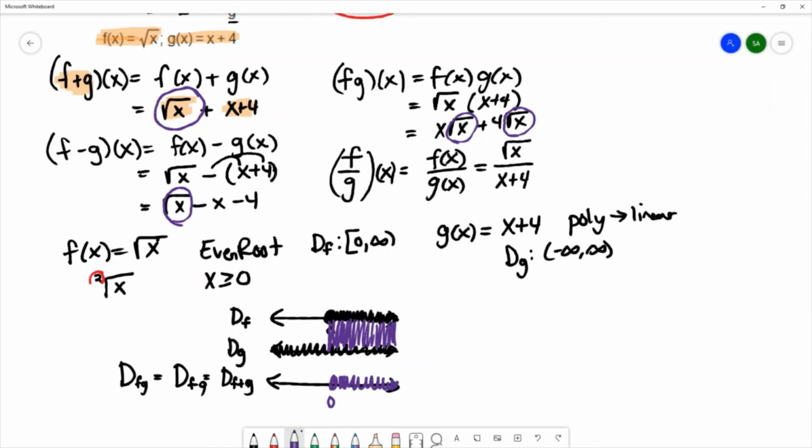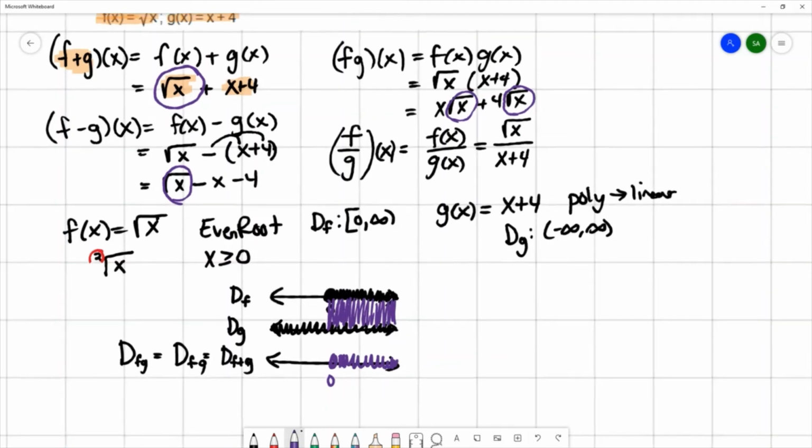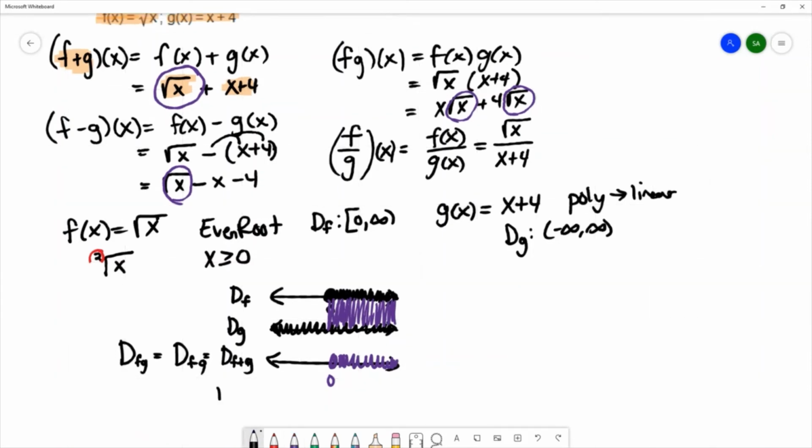Now, to throw in the division, let's talk about the division. Domain of f over g. We still have to consider the two individual domains. However, there's a new thing that we have to consider. Remember, with division, dividing by 0 is undefined.